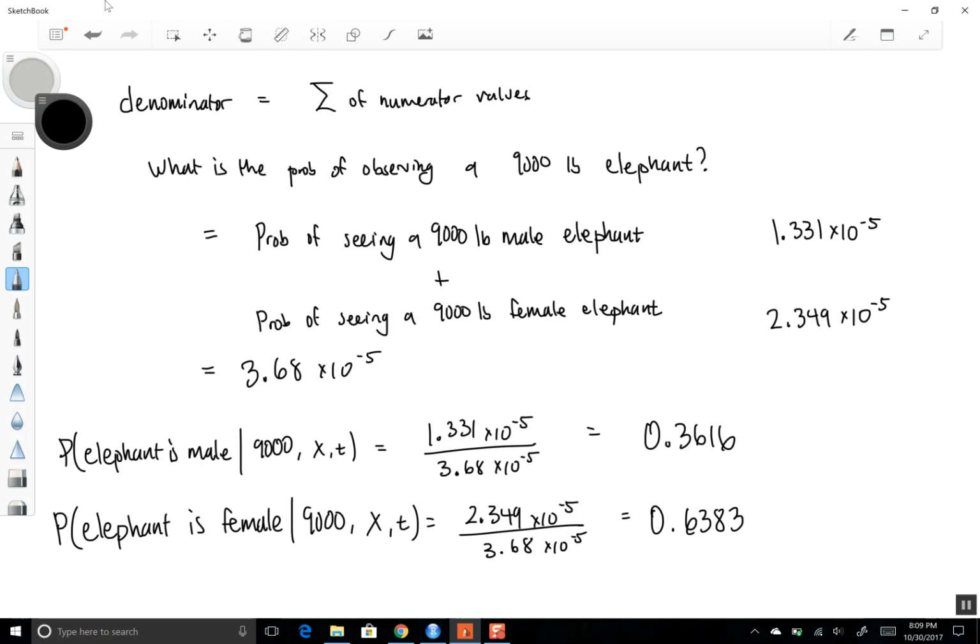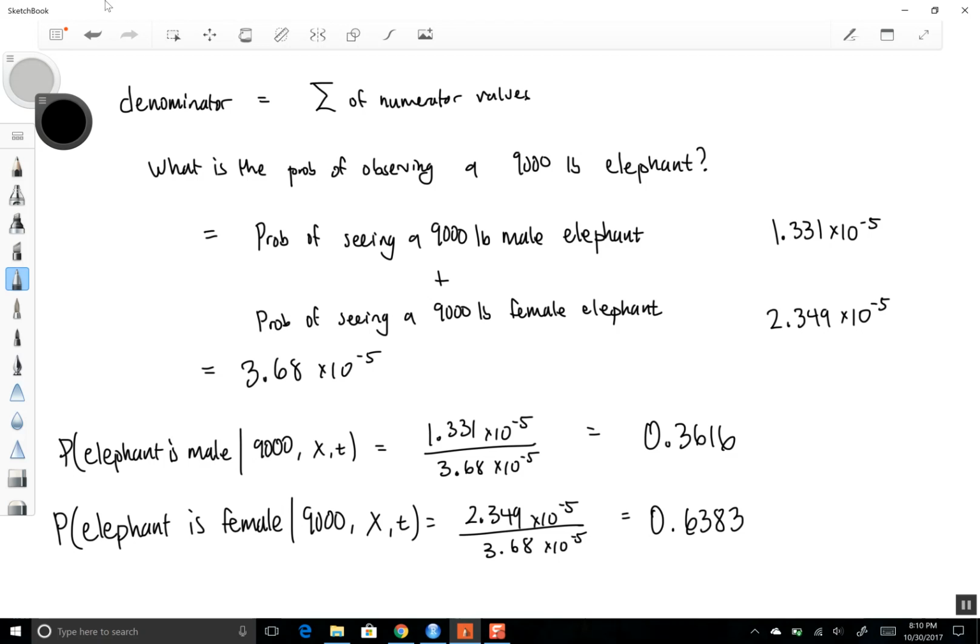Well, if we didn't know anything about the elephant, we would just go off of the prior data. If I knew nothing about the elephants, I would just say if I picked a random elephant, 70% of elephants are female in our nature reserve. Therefore, my prior is that the elephant is 70% female or 30% male. That's my prior information. We check out 9,000 pounds, and it turns out it is a little bit closer to the male side than the female side.